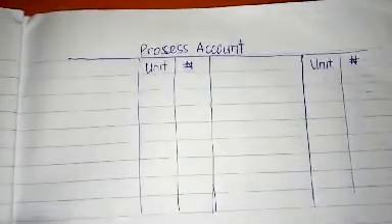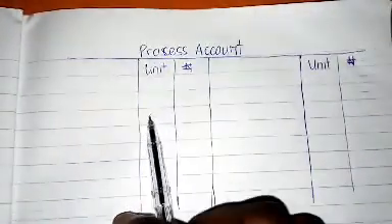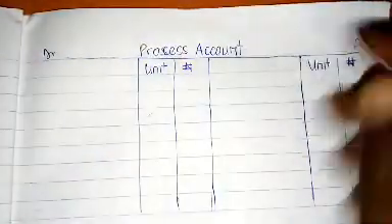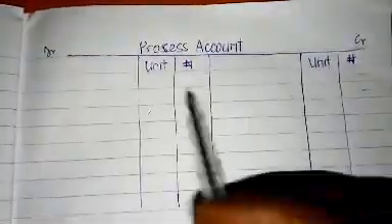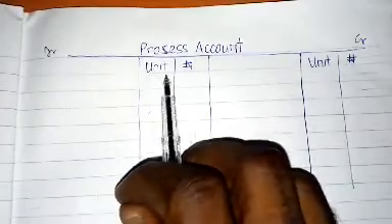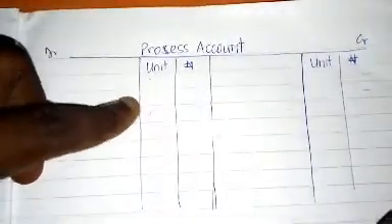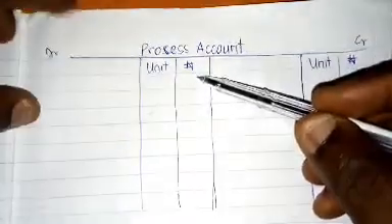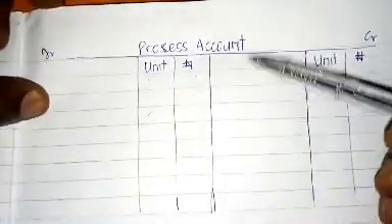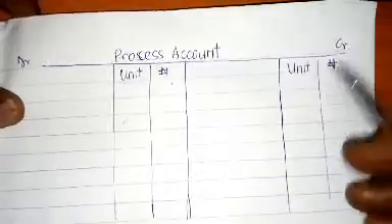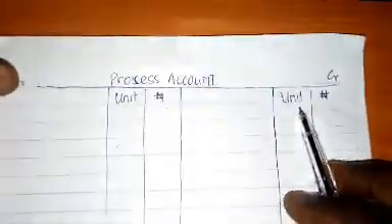You have your process account. It normally has two columns, the debit and the credit side. On the debit side, the first column showcases the units, while the second column is for the amount. Similarly for the credit side.